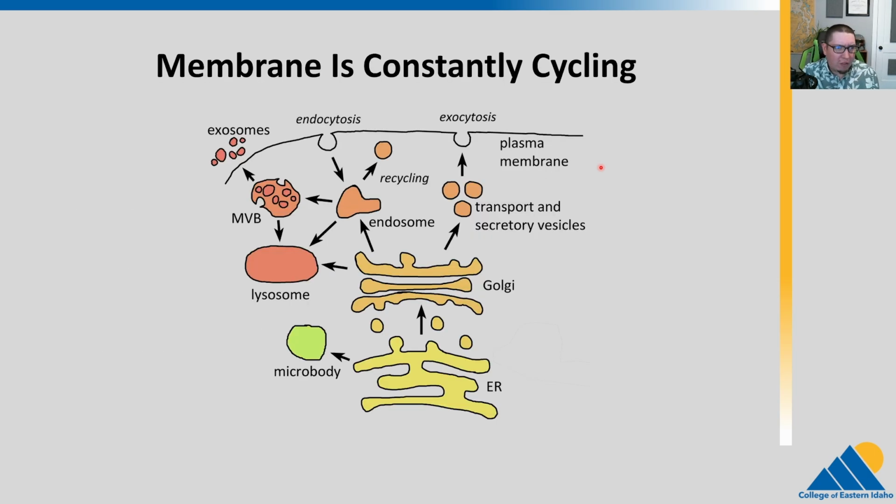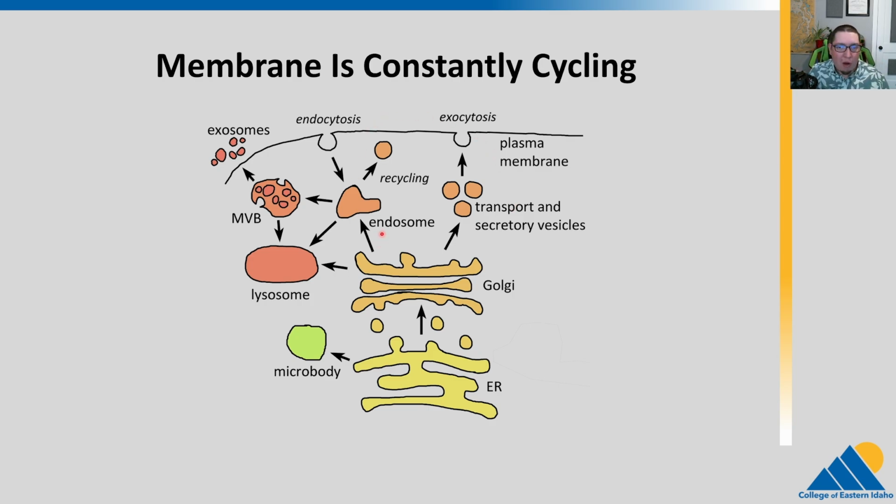So these two processes, endocytosis bringing things in and exocytosis bringing things out, means that our membrane is actually constantly cycling between different parts. We have plasma membrane that's moving inside, it's going to lysosomes, it's coming back out through exocytosis, it's moving to the Golgi, then things are moving out through transport and secretory vesicles back to the plasma membrane, and this whole process is cycling the membrane around.